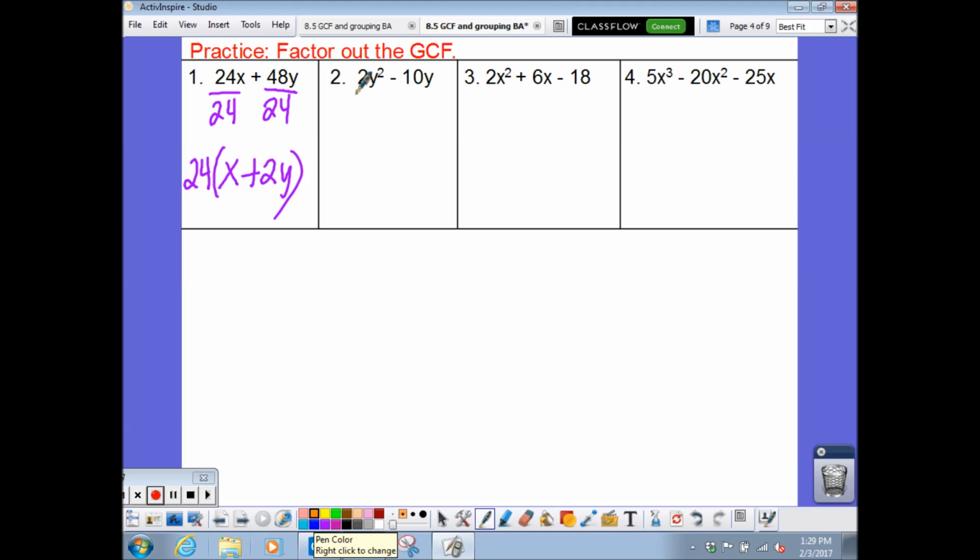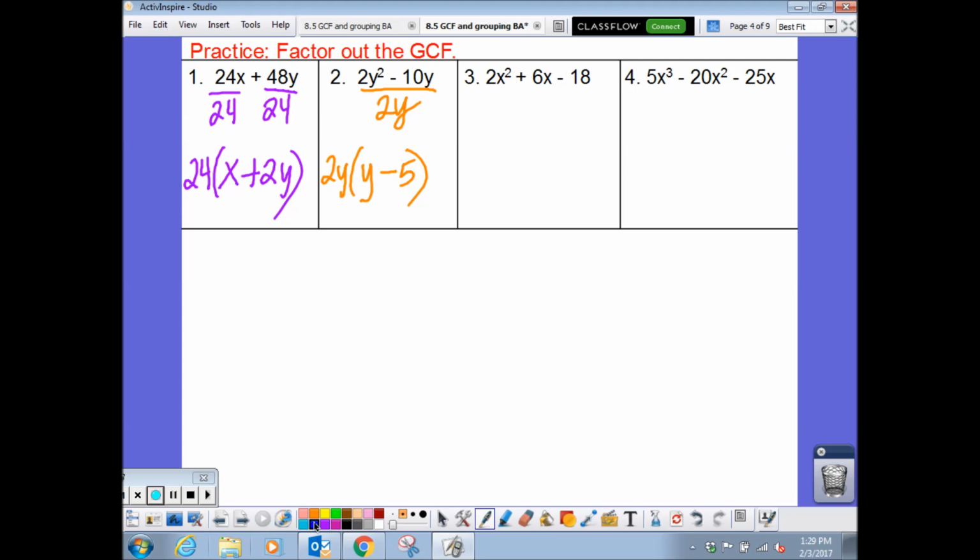Number 2, it looks like they both have a 2 in common, and they both have a y in common. And if you want to write it now like this, instead of writing it under each one, you can. You need to write it underneath somehow. So I have 2y. If I divide that out of the first term, that leaves me with y minus 10y divided by 2y is minus 5.